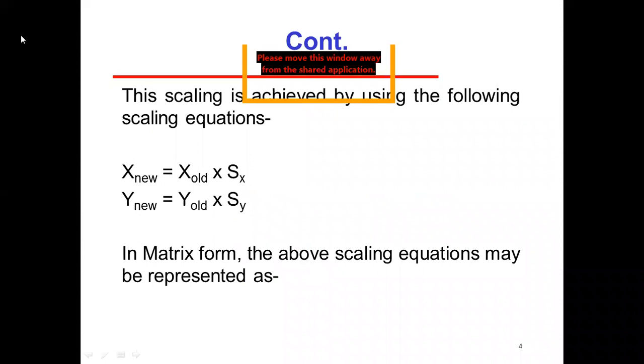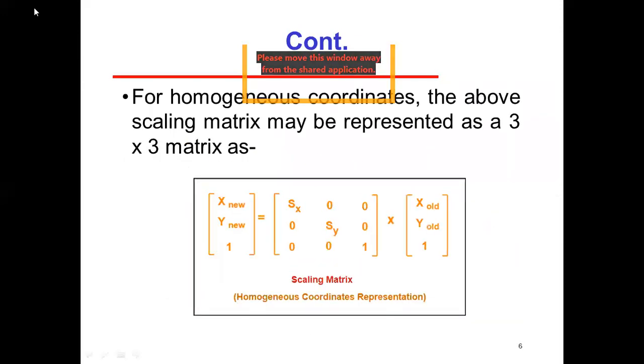That is called the identity. To maintain the identity, we use a 3 by 3 matrix in this way. So then we get these two equations. This is the matrix representation for scaling.